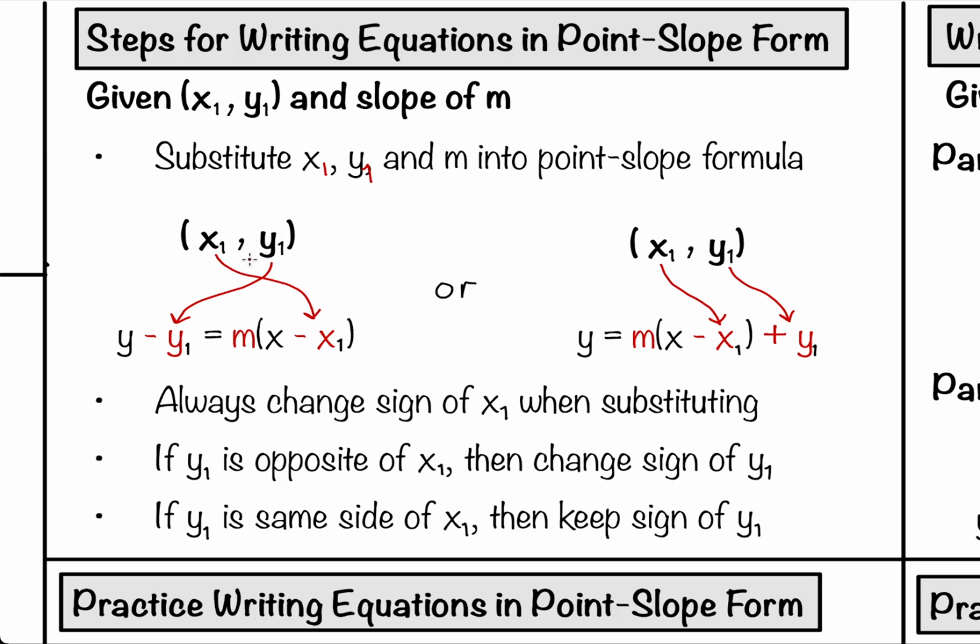So x1, y1, we're going to plug it into the formula. And when we do this, we're going to end up changing the signs. Change the signs. Our m, we keep the sign. So this is point-slope form.